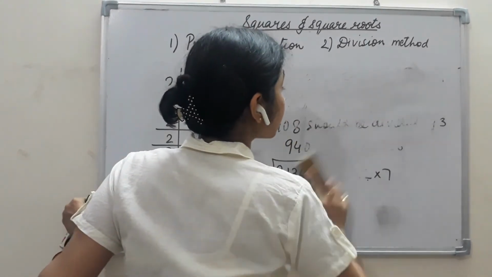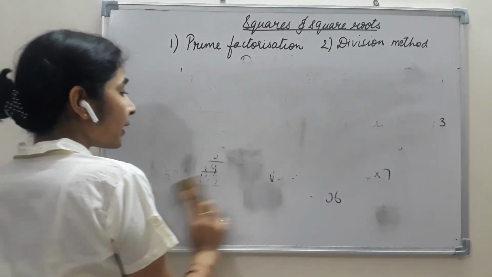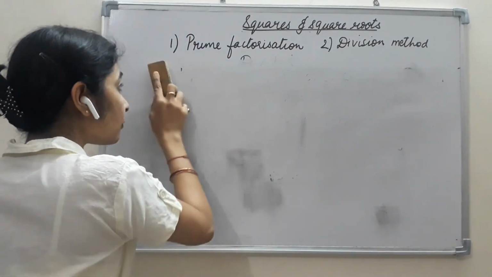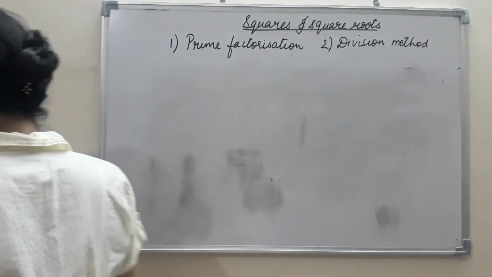we are asked which is a perfect square number which is divisible by the given two numbers or the given three numbers, like this we are asked. Okay, so let us take an example of that also.